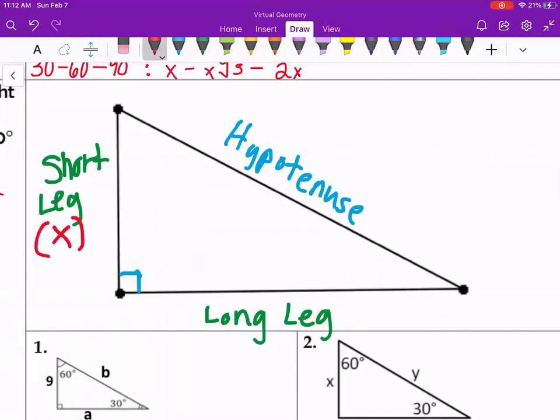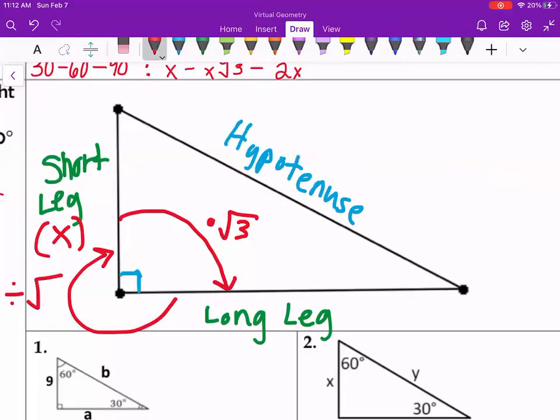So here's what our pattern says. To get from the short leg to the long leg, we need to multiply whatever that short leg length is times square root 3. And then to go backwards, long leg back to short, we divide by square root 3.